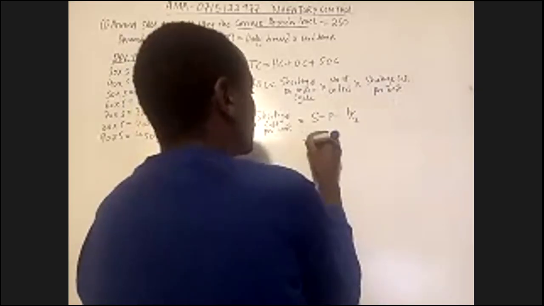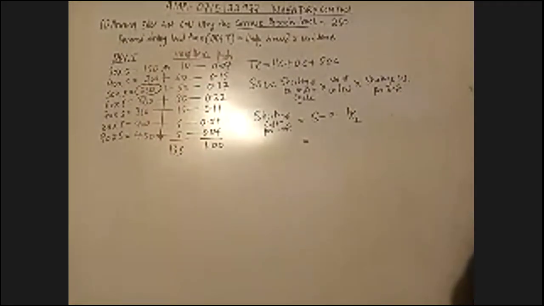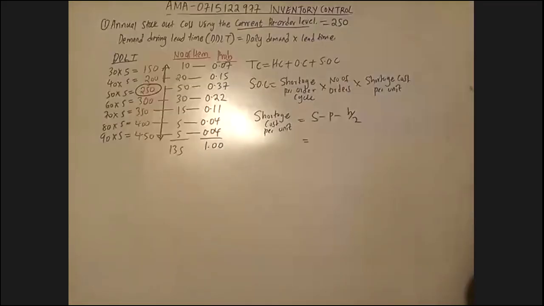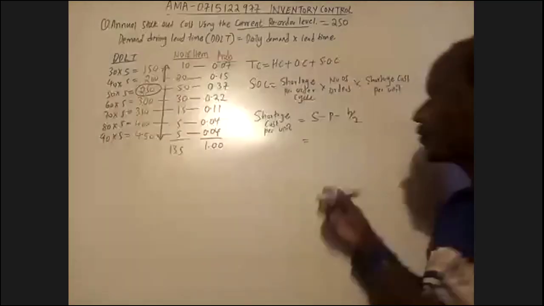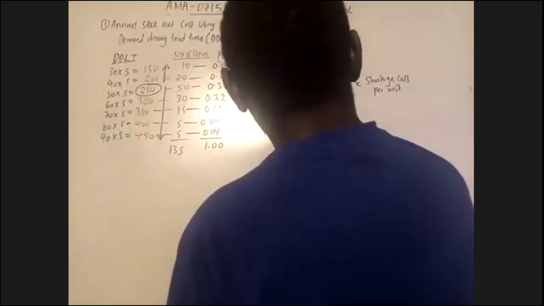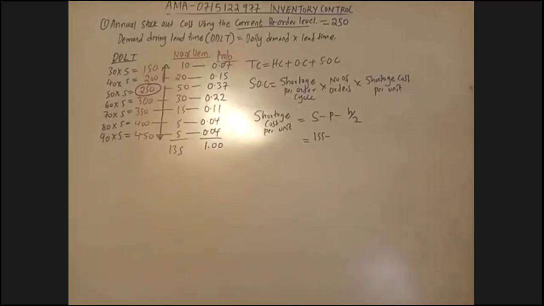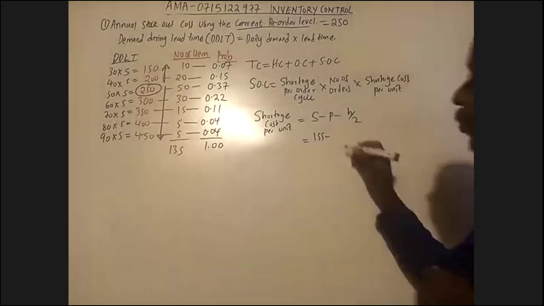You remember it? Nilikuwa nimwambia mwanike mahali. Haya, mniambie, what's our selling price from the question? Selling price per unit ni 155. Purchase cost alituambia ni per unit ni 100.